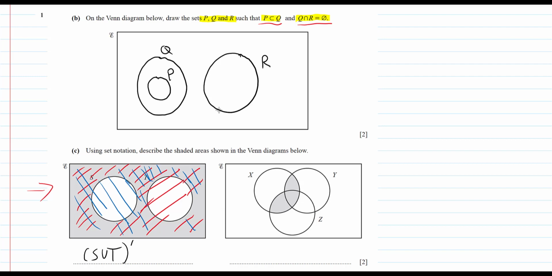So that's the intersection then of everything not in S and not in T. So we could also write the answer to that one as the intersection of complement of S and complement of T.